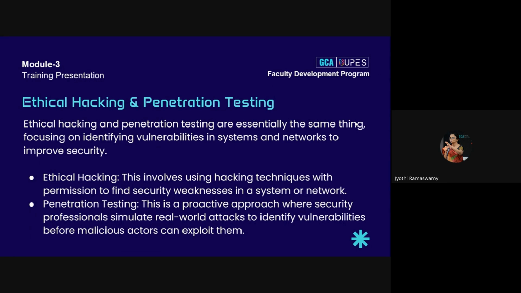So ethical hacking uses hacking techniques with permission to find security weaknesses in a system or a network. I don't know, but you would have heard about red team exercises, blue team exercises and so on. A red team exercise is where we get approval to test.